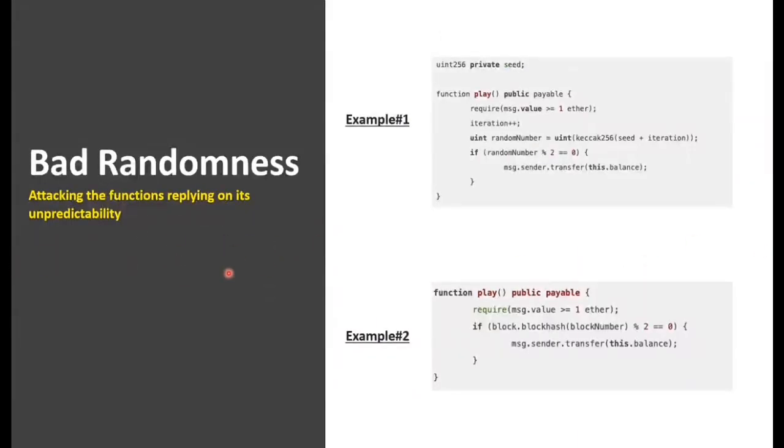Another type of attack is called bad randomness, and that's attacking functions relying on unpredictability. We can see here we're using a random number in this Solidity, and random numbers do have a certain degree of unpredictability associated with them. And we see here that we are sending a balance.